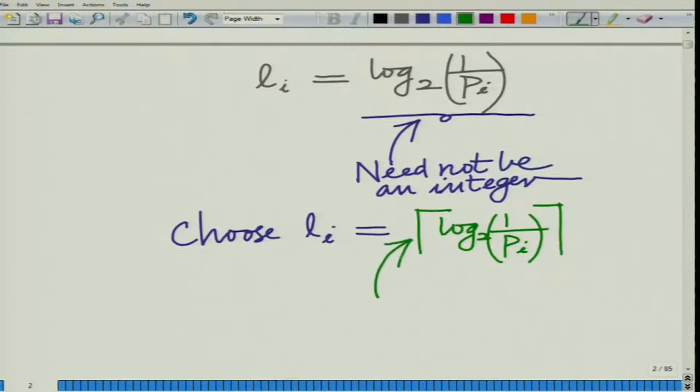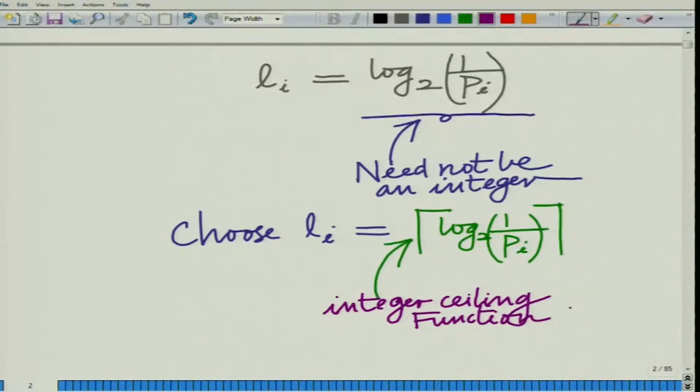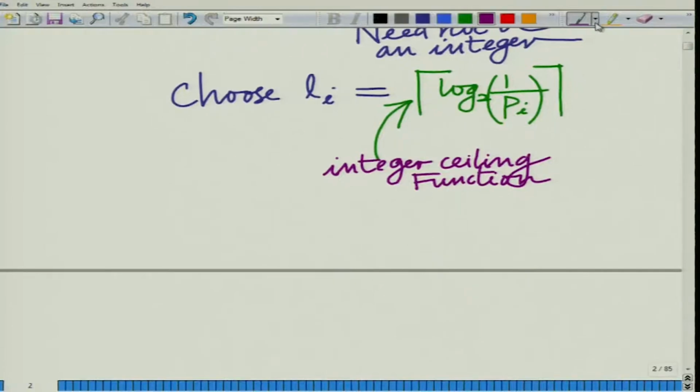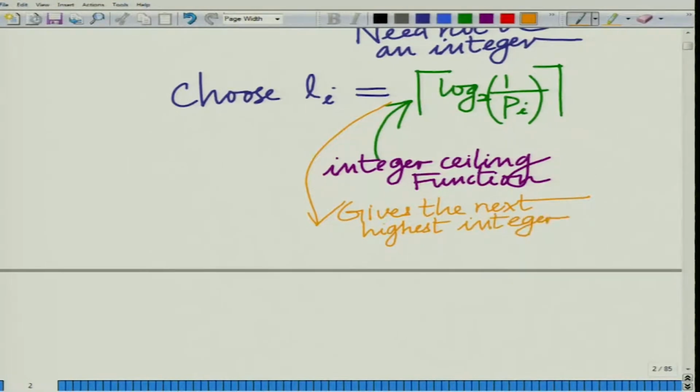Okay. So this, remember, is the integer ceiling function. It gives the next highest integer.